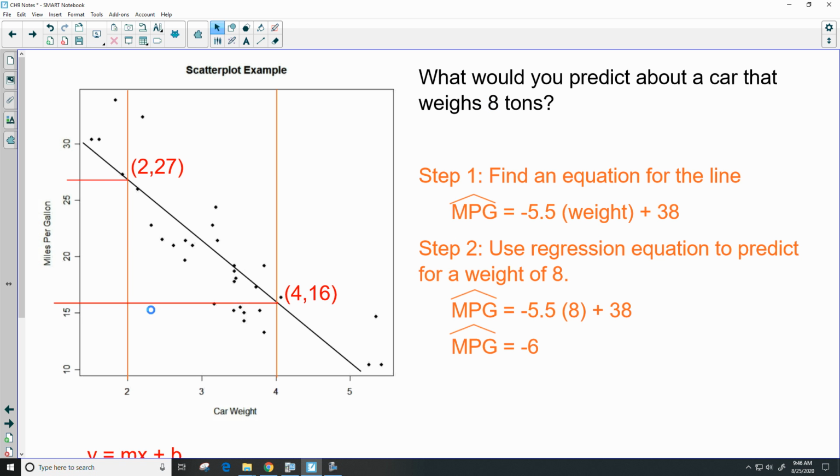In the scope of this problem, my data is ranging from like 1 to 6, but 8 would be way out here. So I'm finding a value that is outside of the scope of the problem. And we talked last chapter about this, what we call extrapolation, and why we have to be super careful with it.